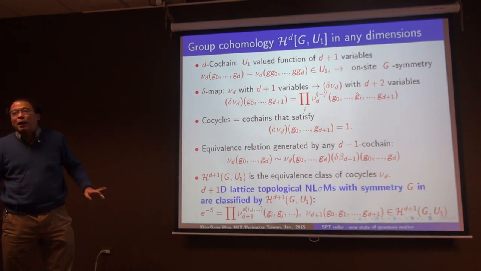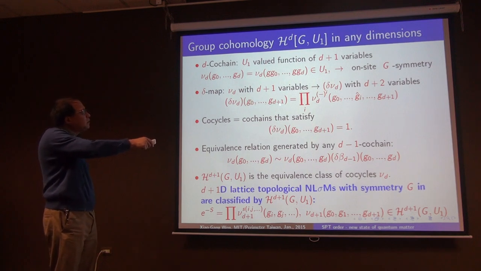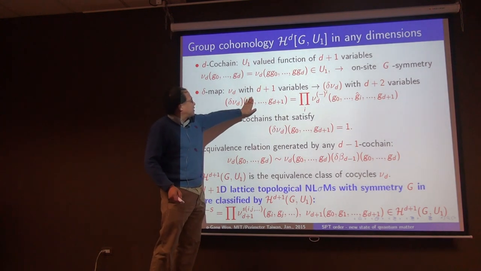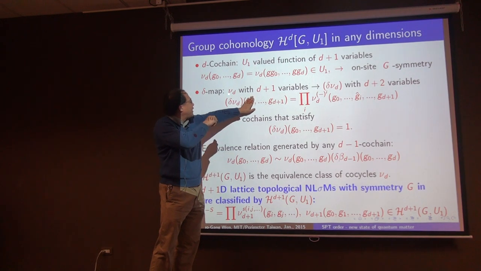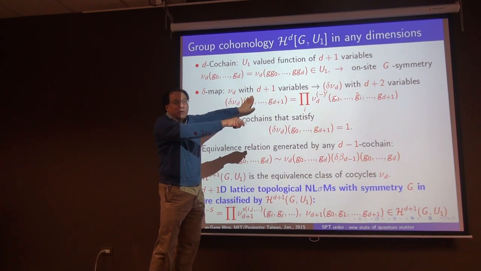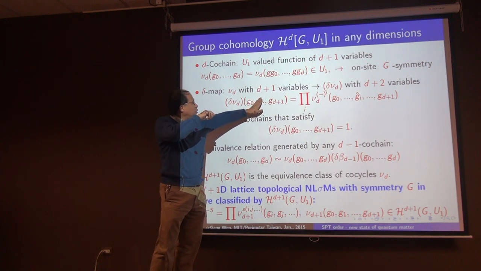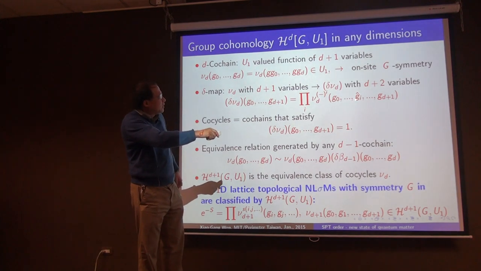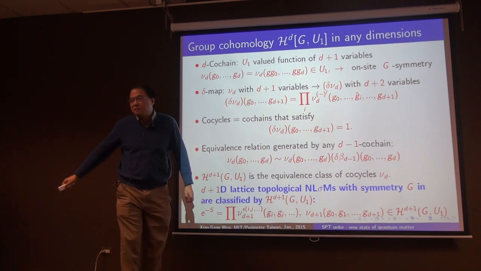So what is this function of d plus 2 variables? It is a function from g0 to gd plus 1. What we do is we drop the first variable, then we get d plus 1 variables. Then we plug the d plus 1 variables into this function, and that becomes the first term in this product. Then we drop the second, g1, and using the remaining d plus 1 variables plug into this function, we get the second term in this product, and so on. The product of all this gives us a function of d plus 2 variables. This is called a delta map.